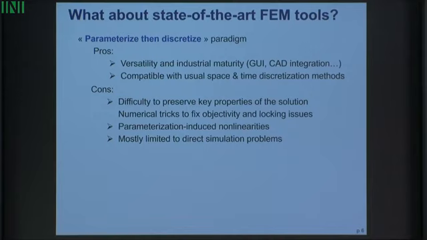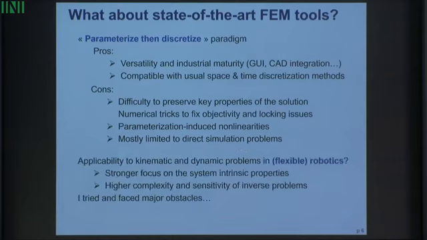These locking problems are, at least in my interpretation, a consequence of this strategy of first parameterizing and then discretizing. My predecessors who developed the tool spent a lot of time and effort, and they could fix these problems, but they had to implement some numerical tricks. So it works when you want to deal with simulation, but if you want to touch the software to make it do another job, like solving inverse problems, it's getting quite difficult.